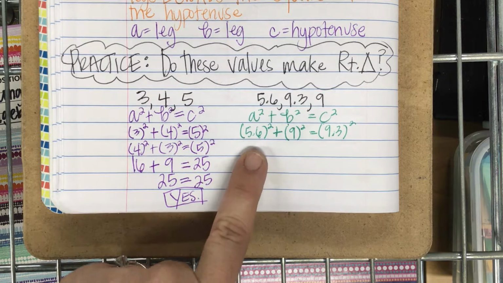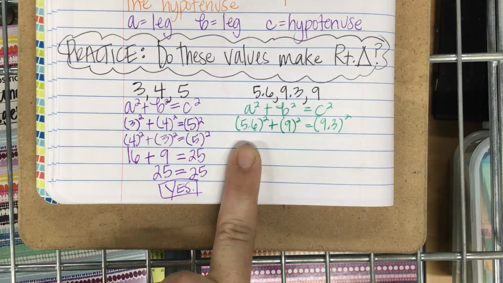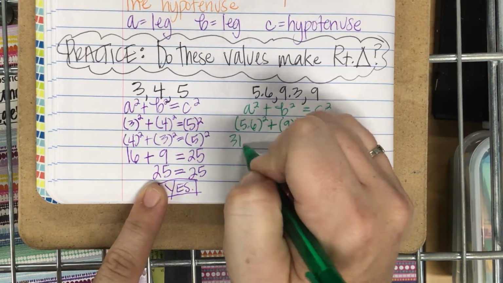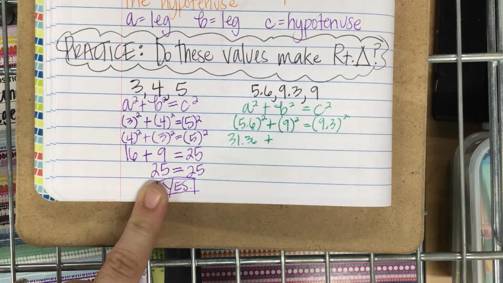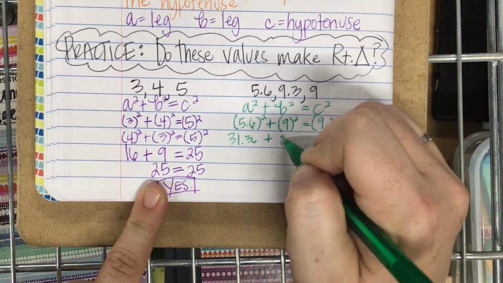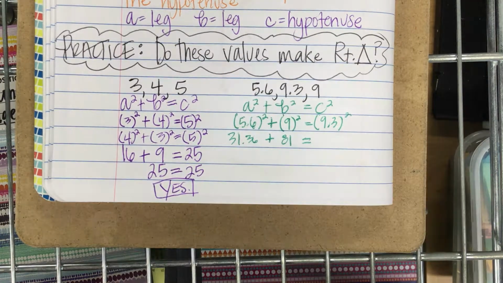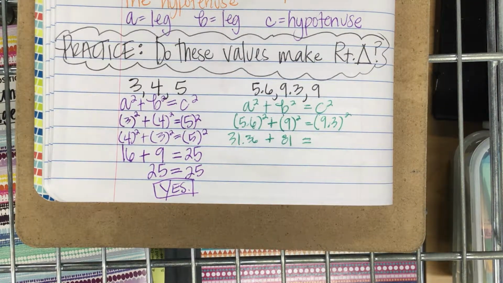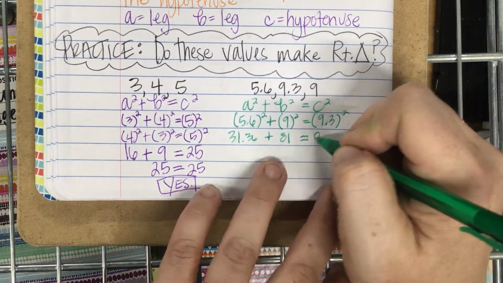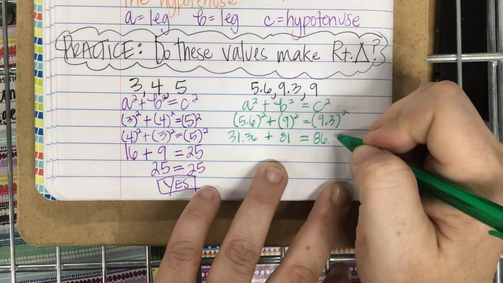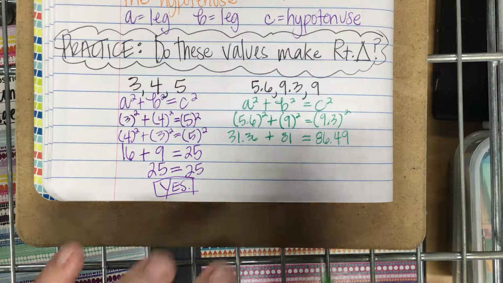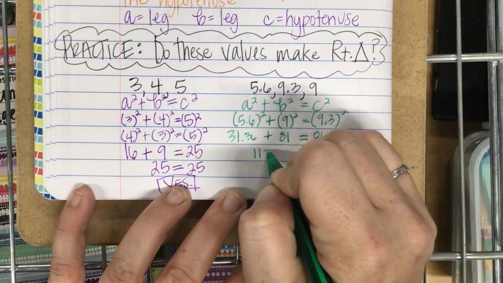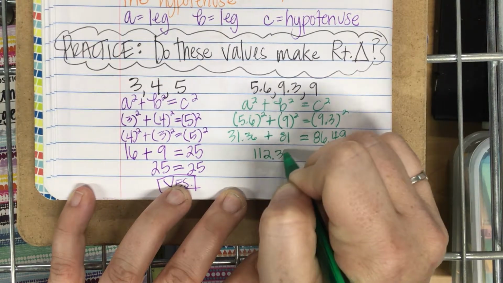What is 5.6 squared? 31.36 plus 9 squared is 81 equals 9.3 squared is 86.49. 31.36 plus 81 is 112.36.